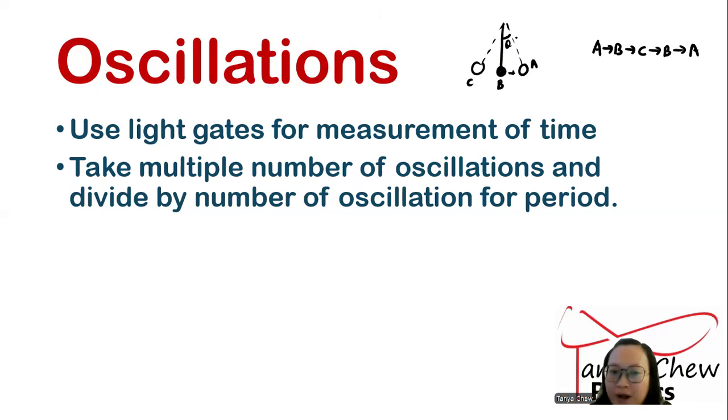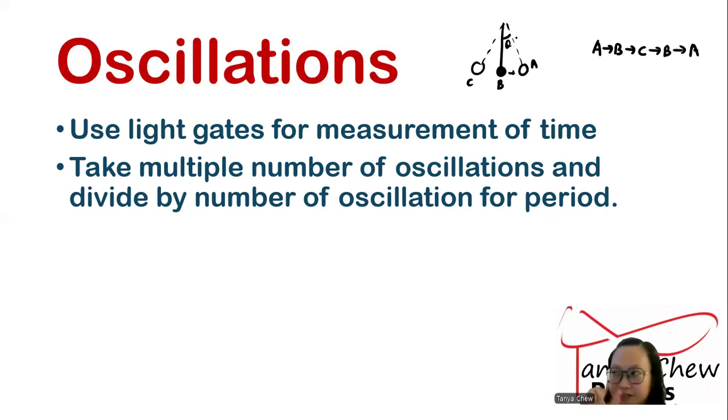So you divide by the number of oscillations for the period, because the best way to calculate the period is to let go of the pendulum, let it swing freely for 2 to 3 complete swings first before you start your stopwatch. Then count 1, 2, 3, 4, 5, and stop your stopwatch.